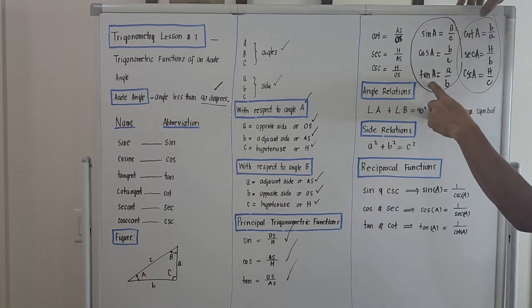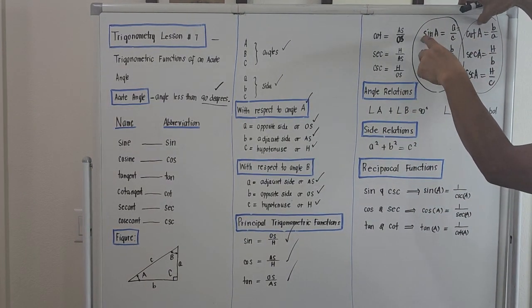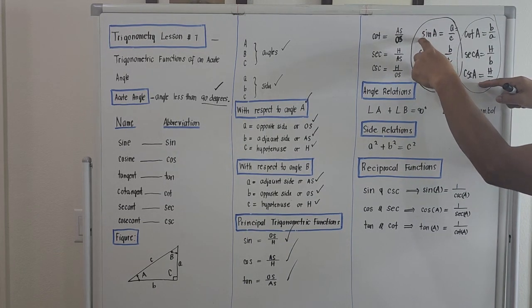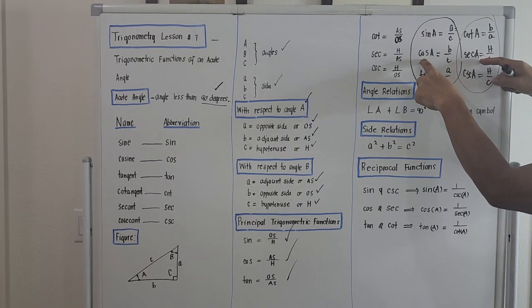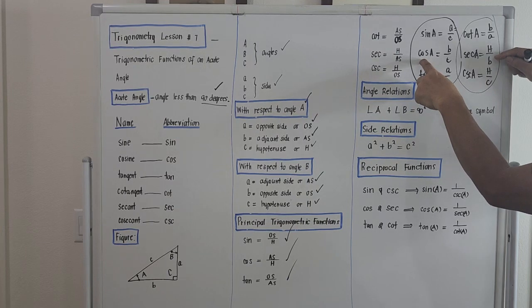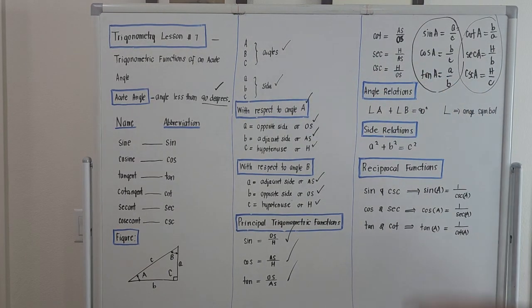Because tangent is the reciprocal of cotangent, sine is the reciprocal of cosecant, and cosine is the reciprocal of secant.